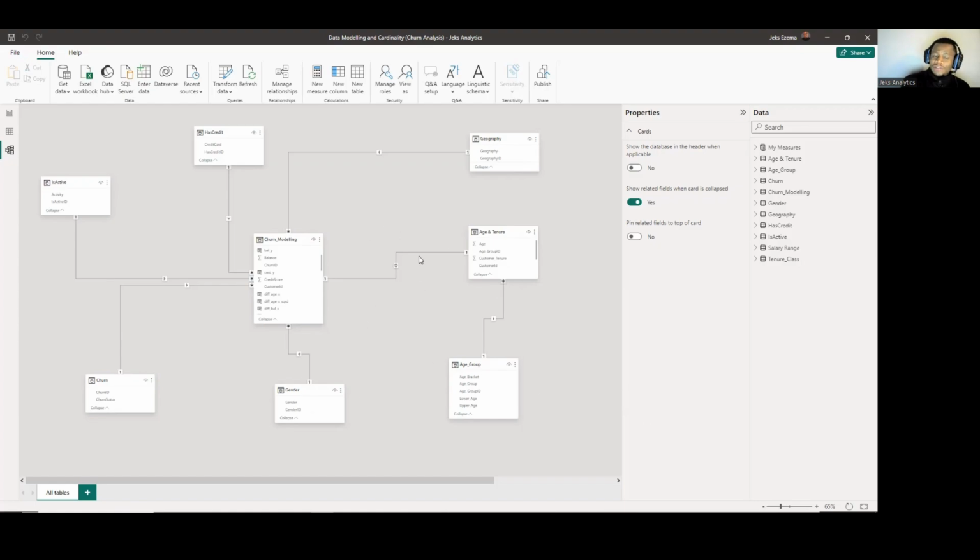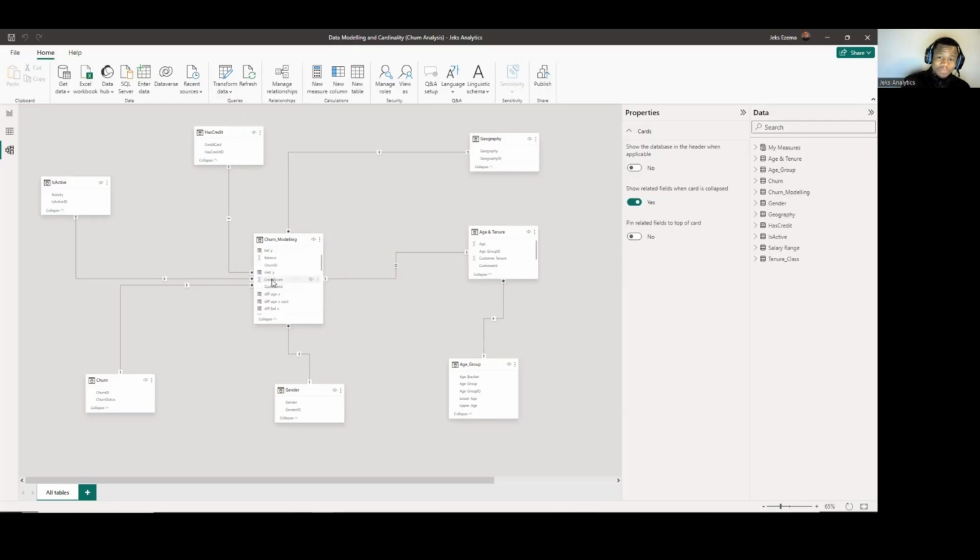And now you know the difference between cardinalities and how cardinalities work, right? One-to-many relationship means the primary key here is a secondary key here. One-to-one relationship means the primary key here is also a primary key here. Are you seeing how I'm breaking it?